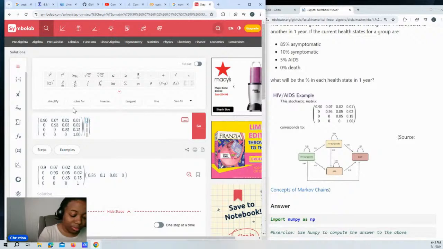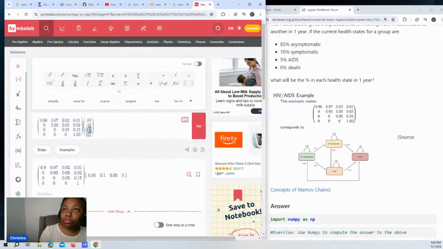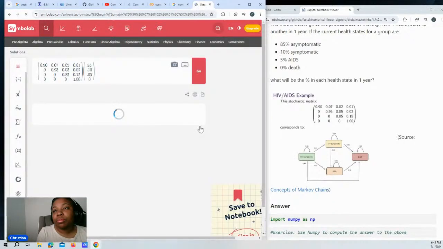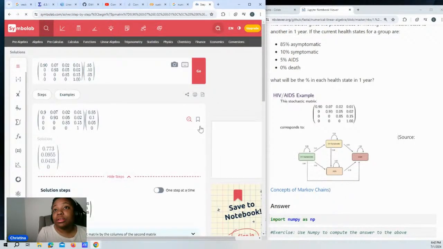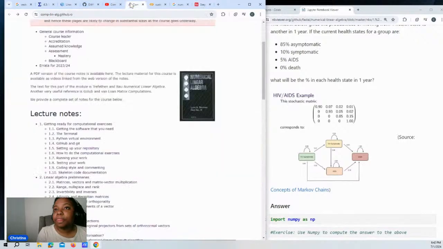So 0.85, 0.10, 0.005, 0. It did maybe do it like this. Okay. Because this would be rounded up, right?